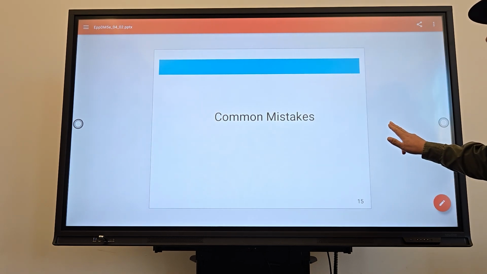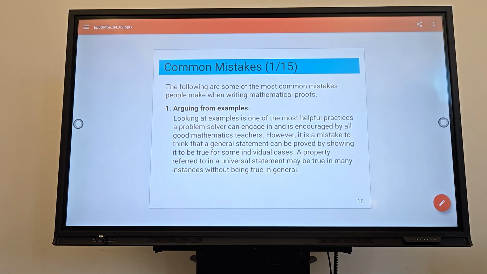Common mistakes. The most common mistakes people make, some of them at least, arguing from examples. We talked about this last time, I think.